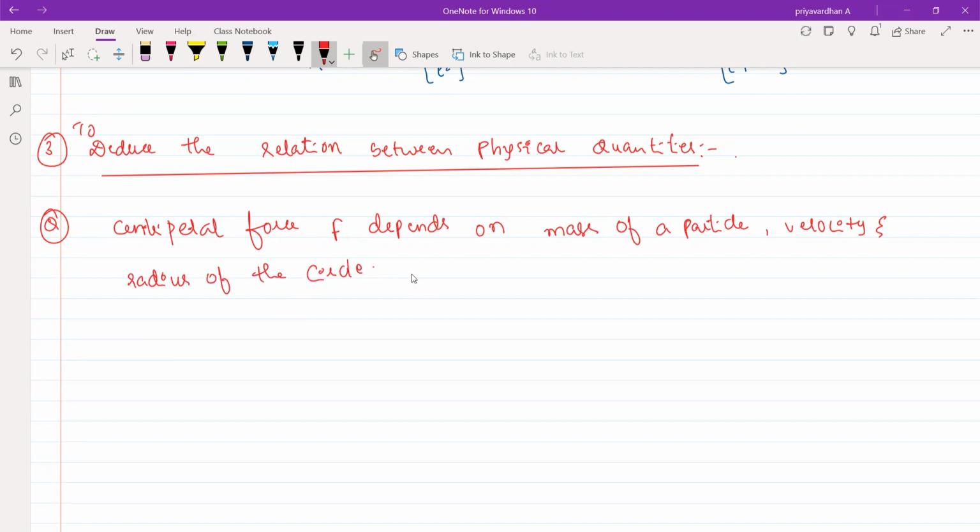Fine. So I'm asking you, derive the formula. Derive the formula for centripetal force. You guys know. So what is the formula for centripetal force?